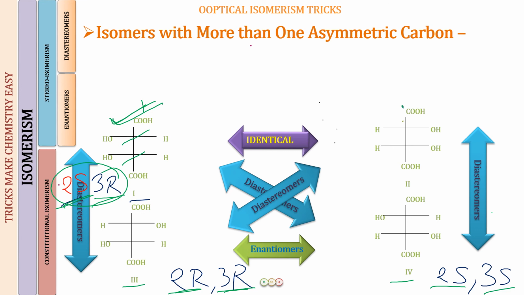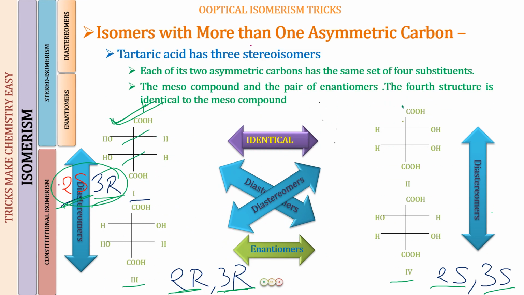What you can remember is that this is a structure for tartaric acid, and it has 3 stereoisomers. One is going to be a meso compound, because in these two structures you can draw a plane of symmetry. It is very easy to identify in a Fischer projection.